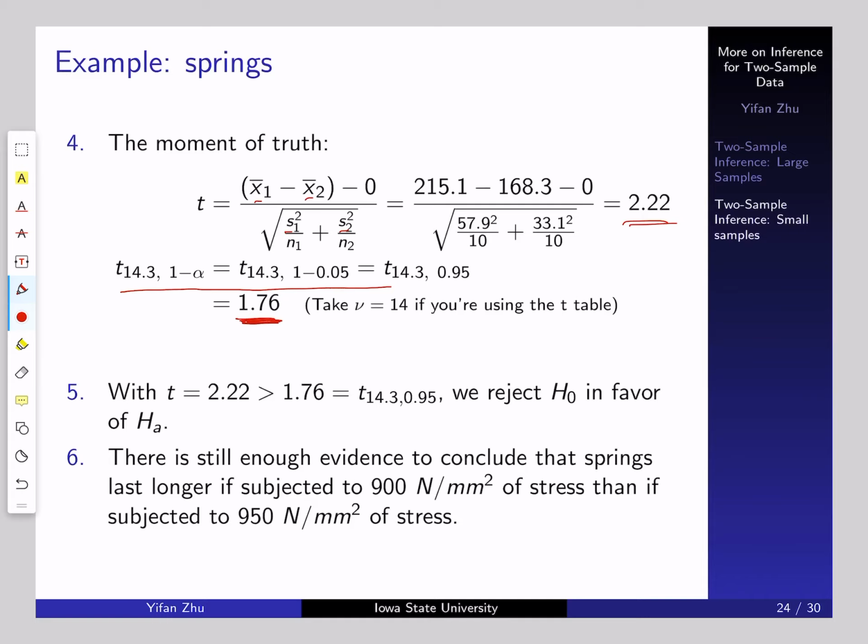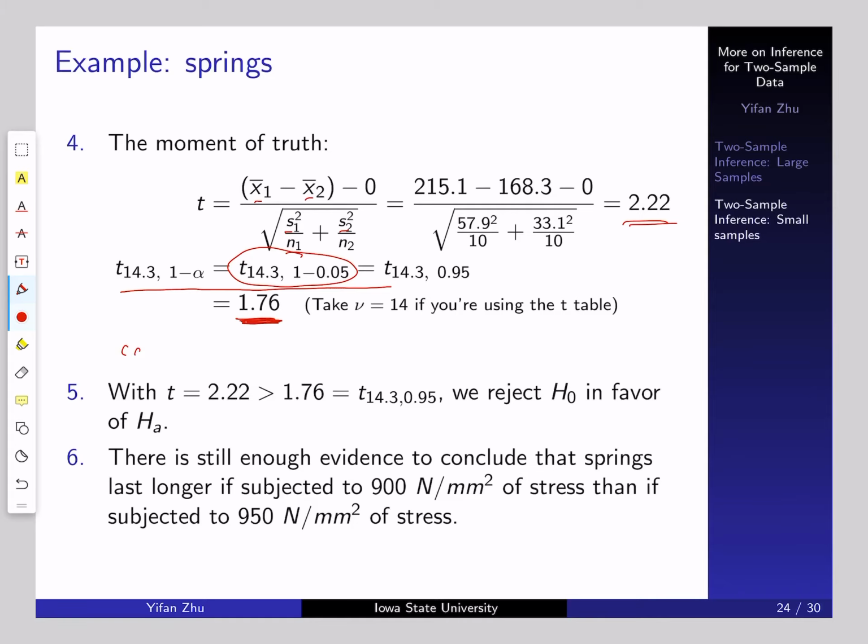we get 1.76. So for a t distribution, when you want degrees of freedom like 14.3, there is a decimal place.